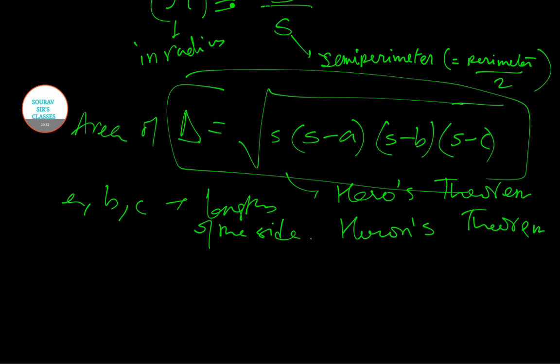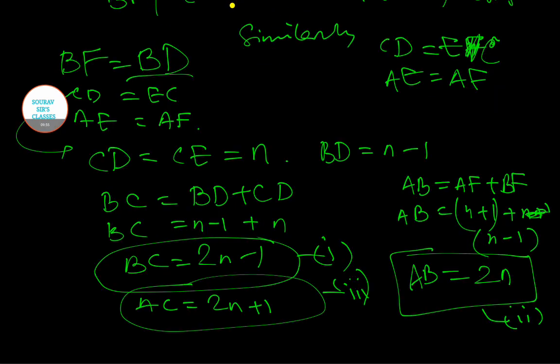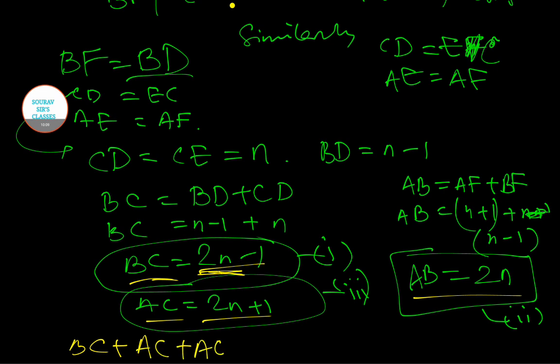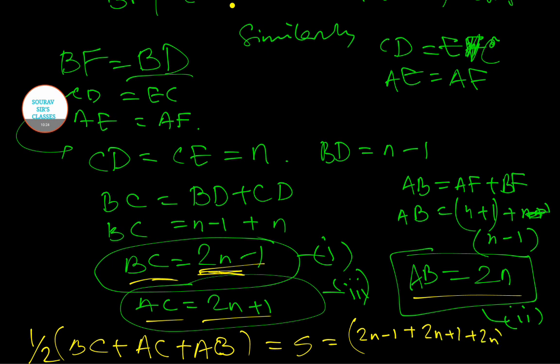So going back to our previous slide, we see that BC equals 2n minus 1, AC equals 2n plus 1, and AB equals 2n. So BC plus AC plus AB whole by 2 will give us the semi-perimeter, which is equal to 2n minus 1 plus 2n plus 1 plus 2n divided by 2.